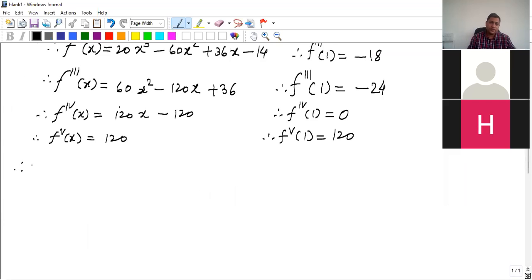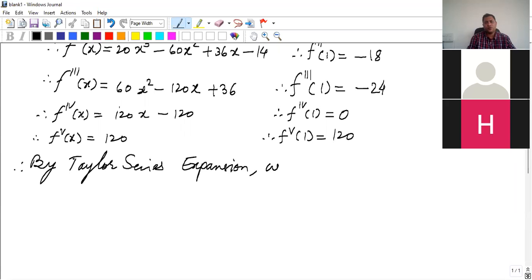So by Taylor series expansion we get, first always write the formula. What is the formula we have?